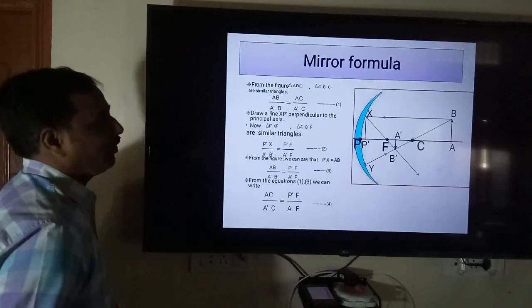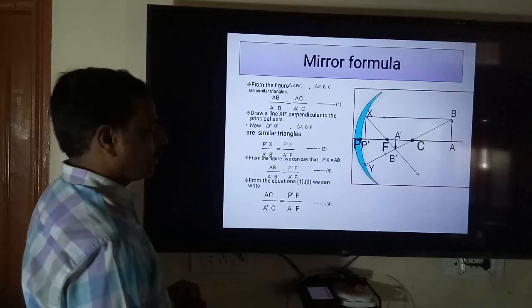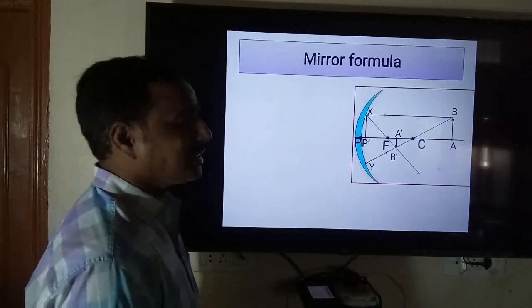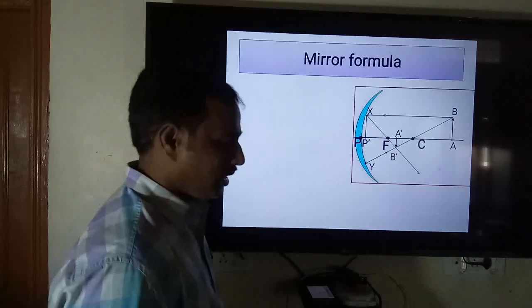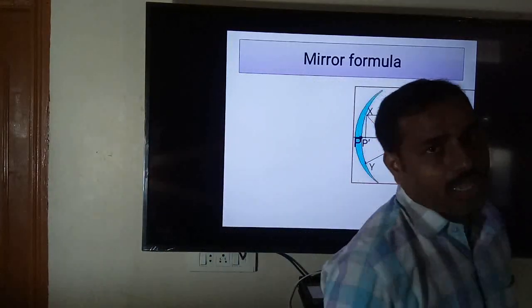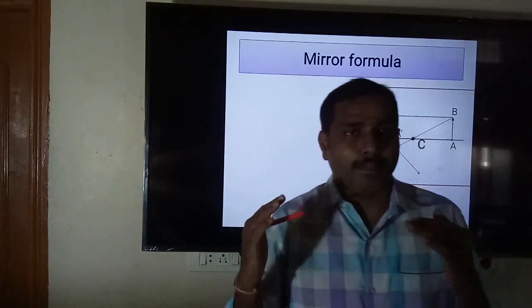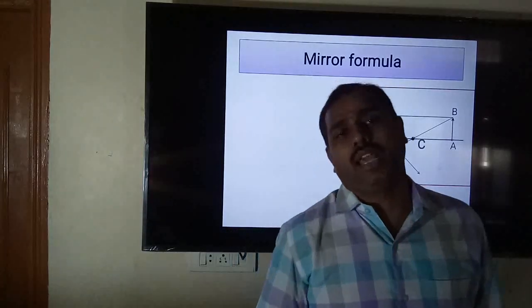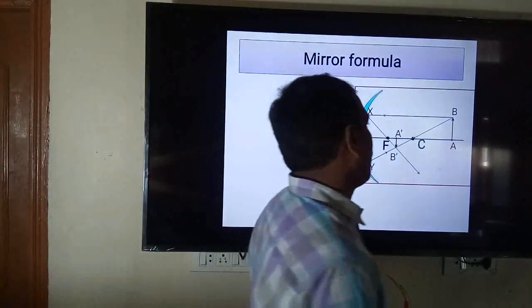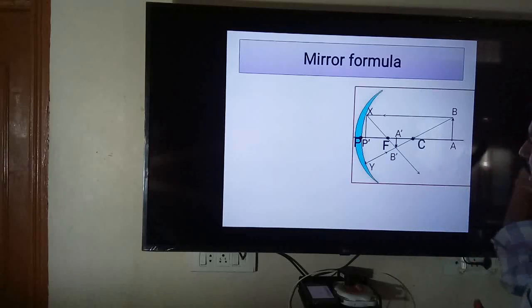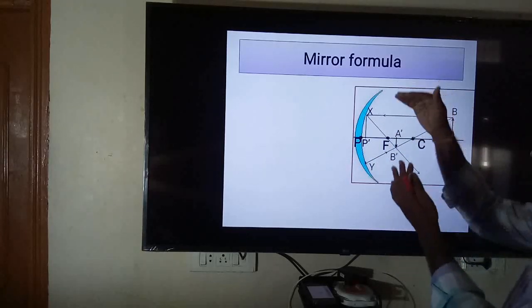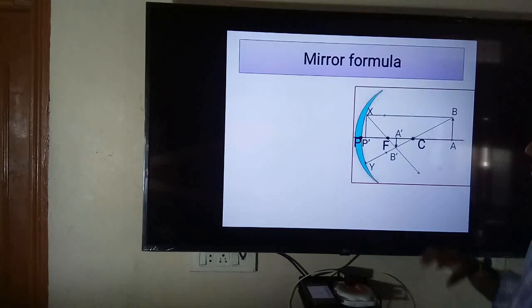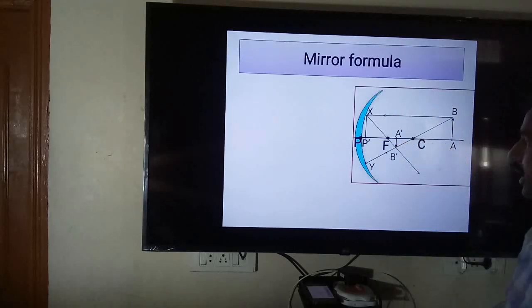To derive the mirror formula, now we are going to consider the paraxial rays. What are paraxial rays? Paraxial rays means the rays which are passing near to the principal axis. See here, from AB, many rays are coming. Those are all falling upon the mirror and we are getting an image at P'. But for our convenience, we took 2 rays only.